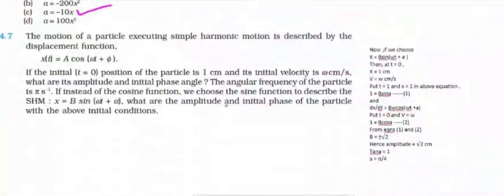Next, question 7. The motion of a particle executing simple harmonic motion is described by the displacement function x of t equal to a cos(omega t plus phi). If the initial, that is t equal to 0, position of the particle is 1 centimeter and its initial velocity is omega centimeter per second, which means v is equal to omega.